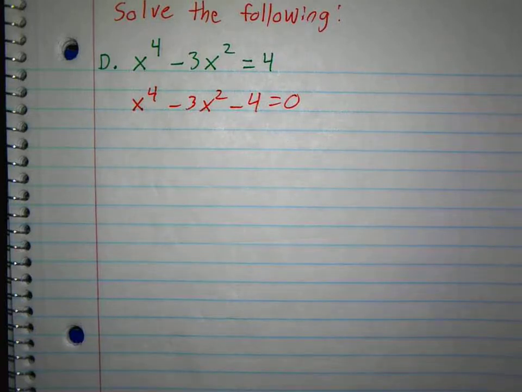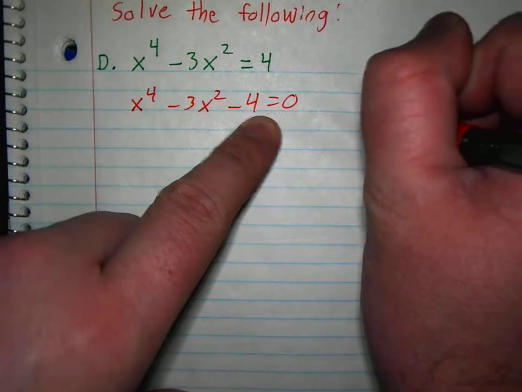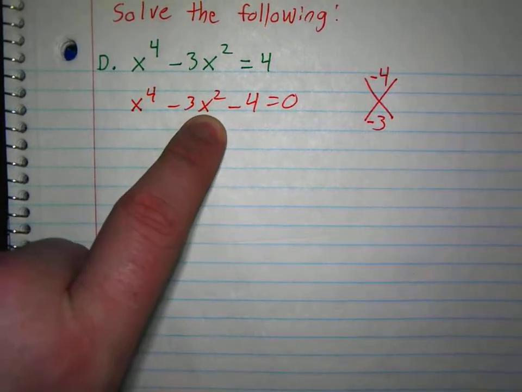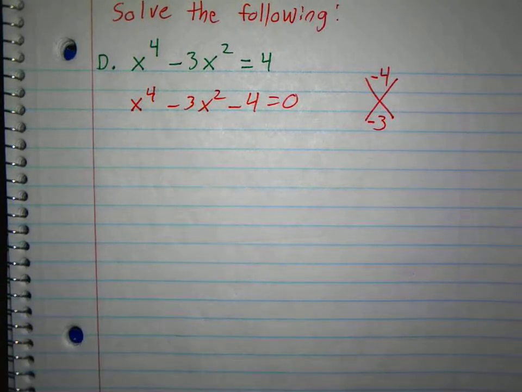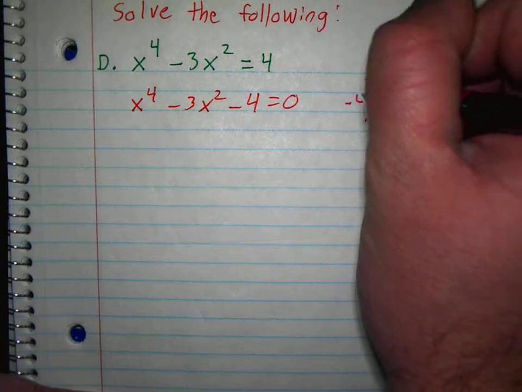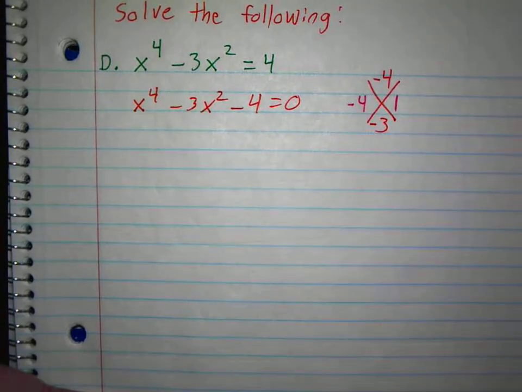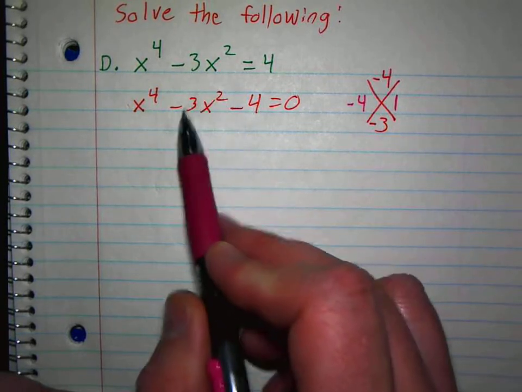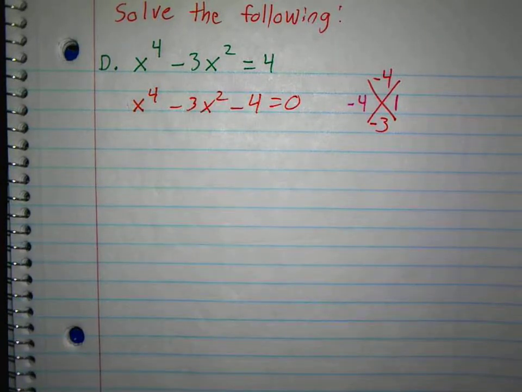Awesome. Okay. So I need 2 numbers that multiply to -4, but add to -3. -4 and 1. That does work. Good. Now remember, if this was not a 1, I'd have to split it up into minus 4x squared plus 1x squared and factor that way, right?